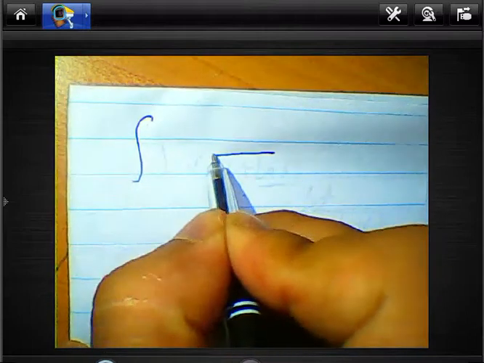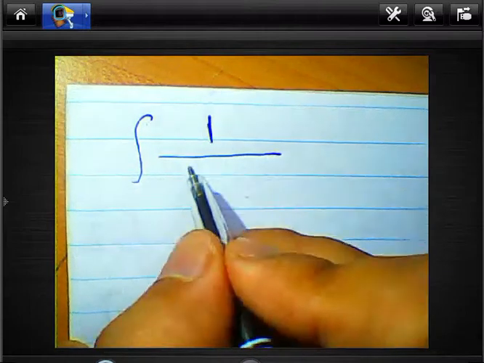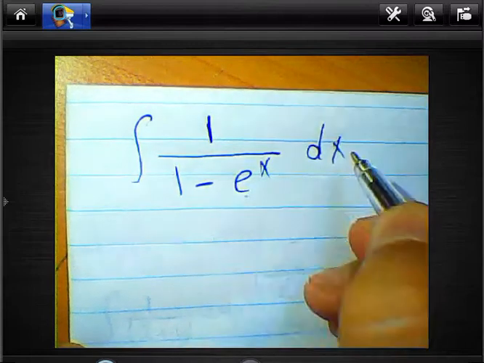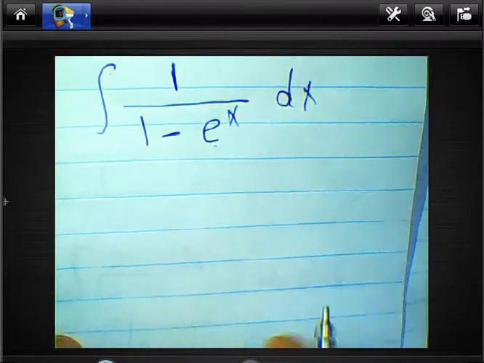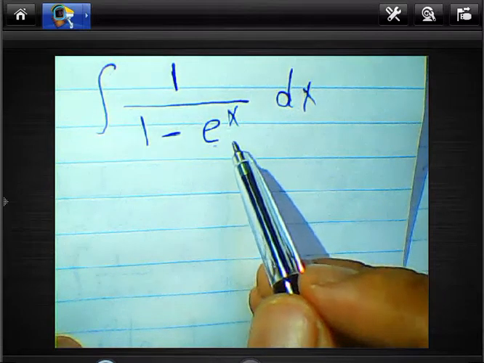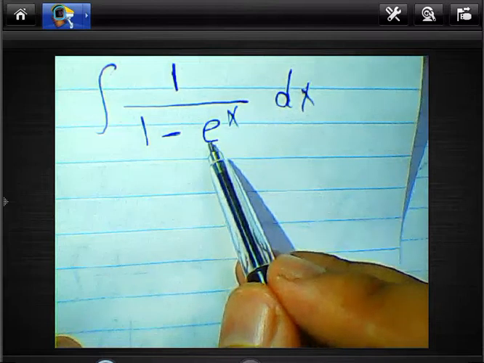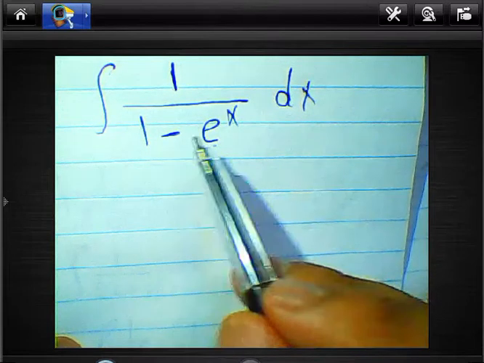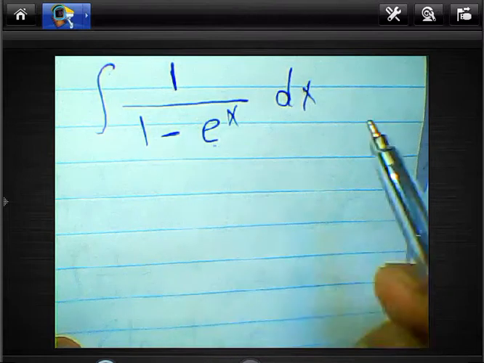Another example, we want to find the integral of the function 1 over 1 subtract e power x dx. We can let e power x equal u, but we can simplify it by multiplying e power x to the numerator and denominator to find the result.